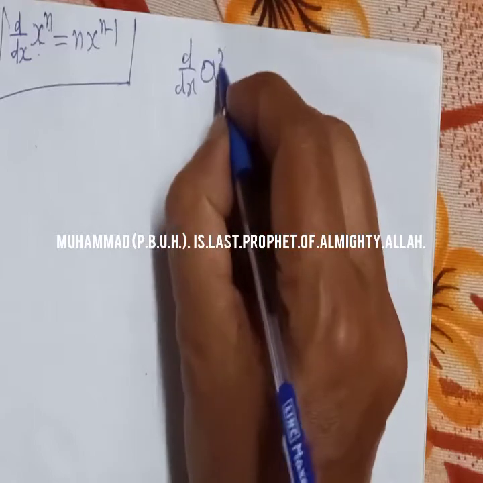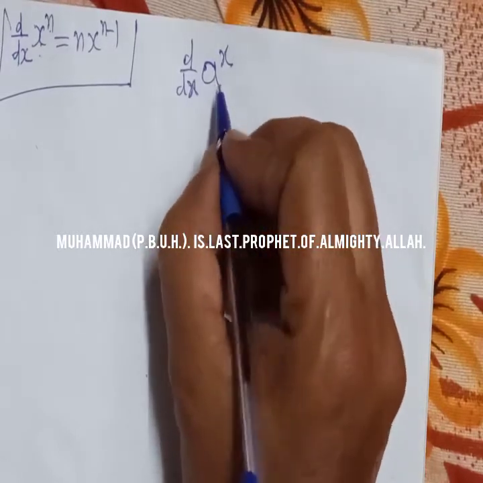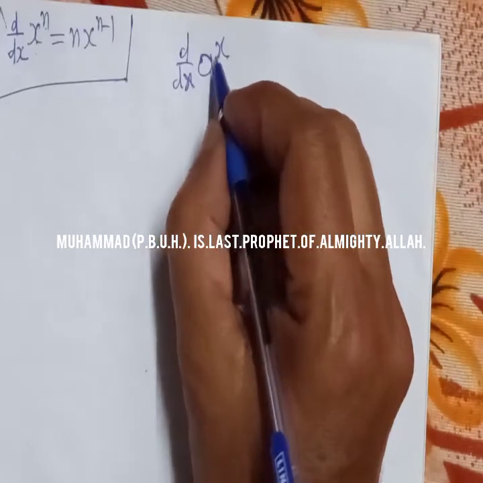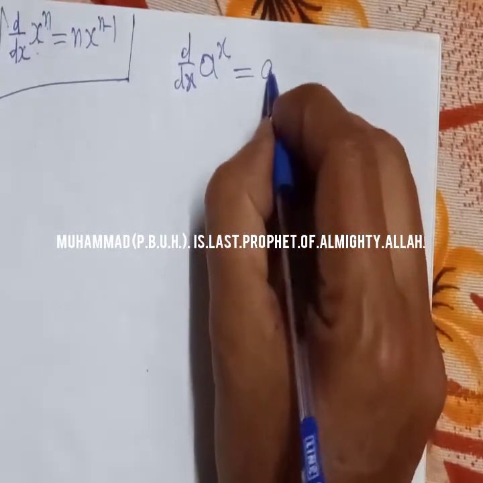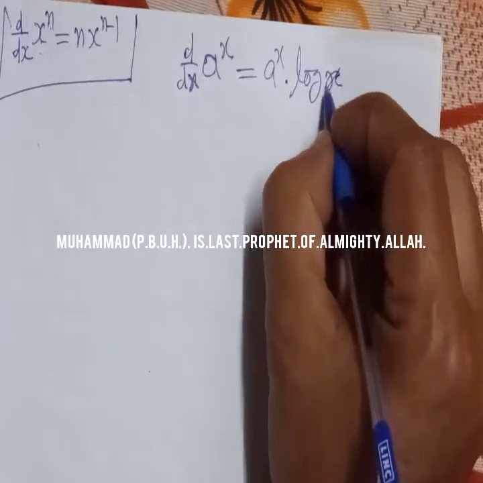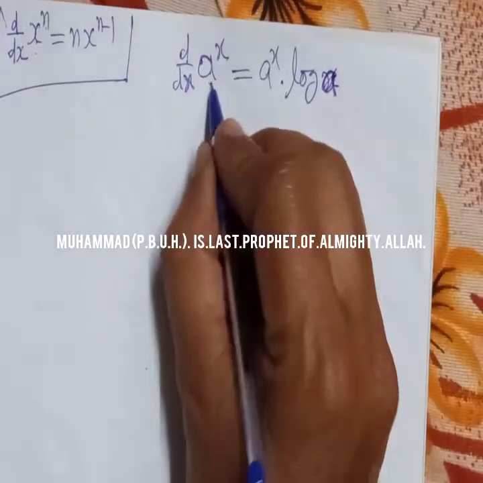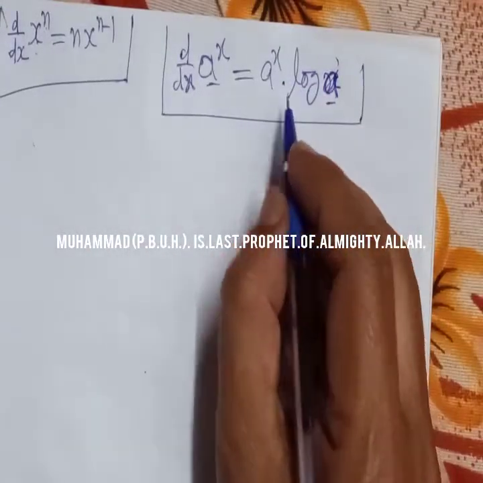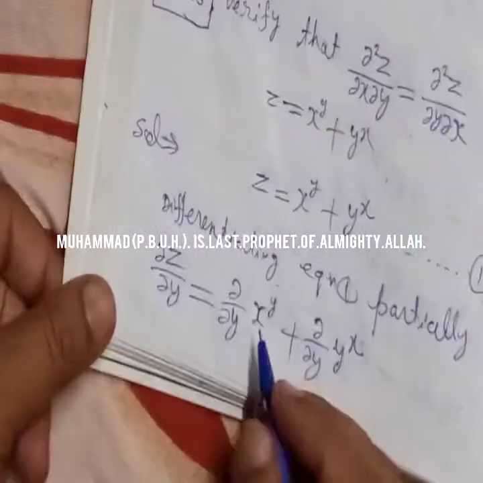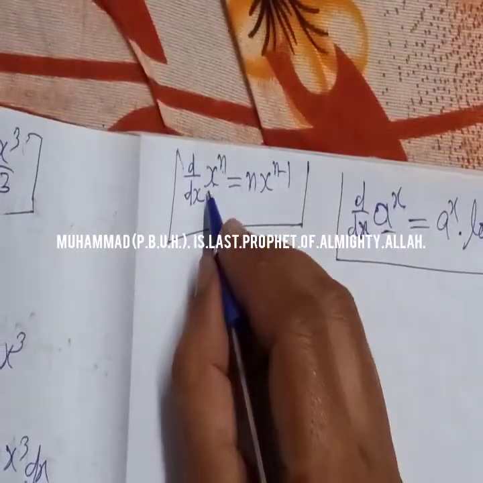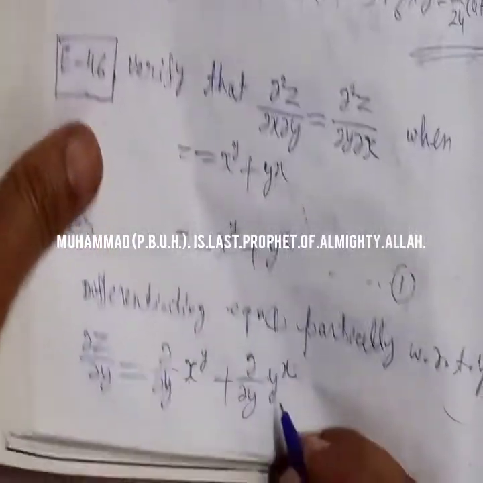A to the power x means constant to the power variable, which is equal to a to the power x into log a base. This formula will apply in the first term, and this formula will apply for variable to the power constant, here.